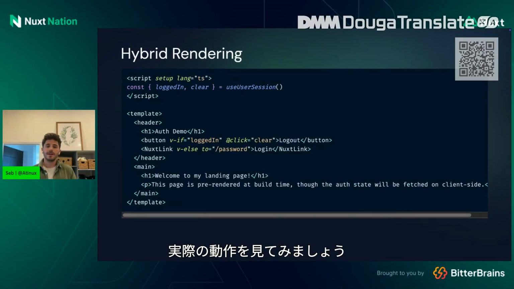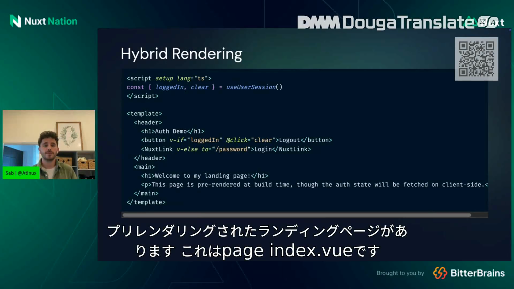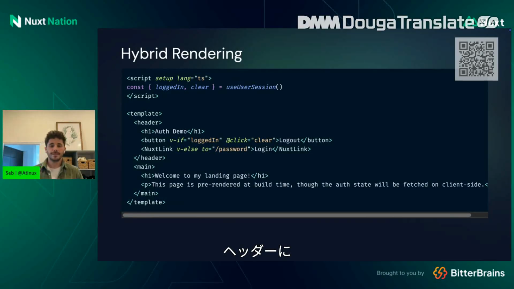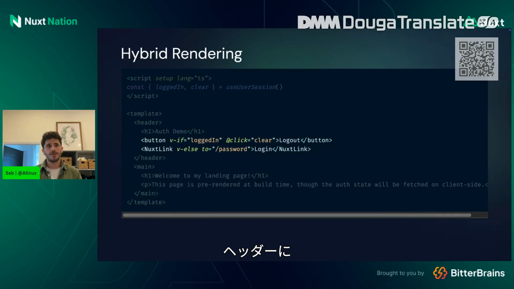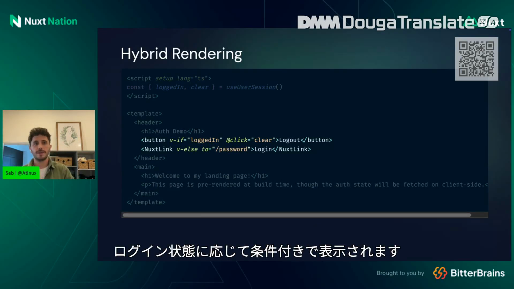This is how it looks like. I have my pre-rendered landing page. So this is page index.vue. We can see in our header 2 buttons that are conditionally displayed if I'm logged in or not.